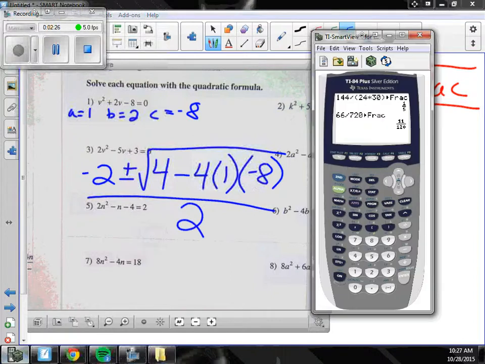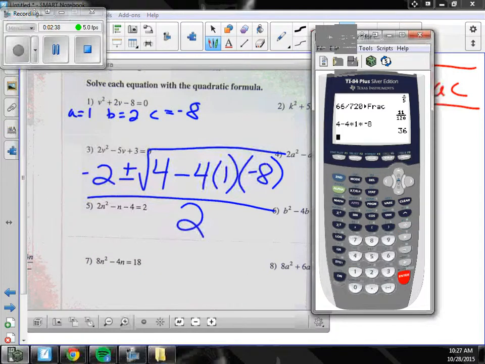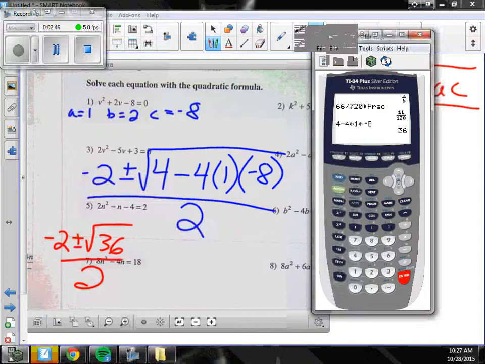So now we need to simplify what's inside the square root: 4 minus 4 times 1 times negative 8, that's 36. So that gives me negative 2 plus or minus the square root of 36 over 2. Does 36 have a square root?